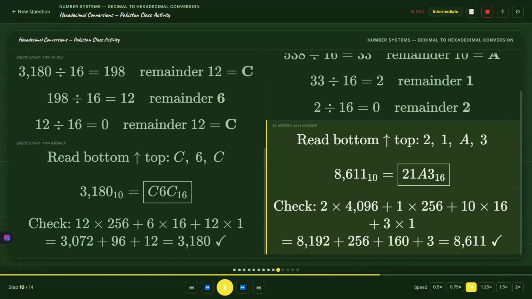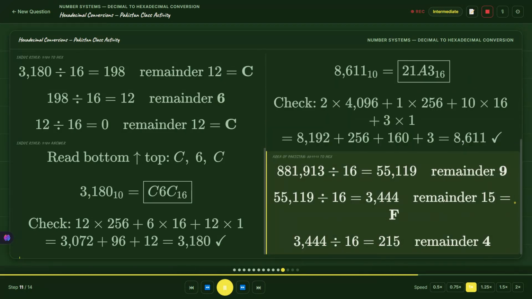Reading from the bottom going up, 2, 1, A, 3, so the height of K2, 8,611 meters, is 21A3 in hexadecimal. Our check shows it works out perfectly.